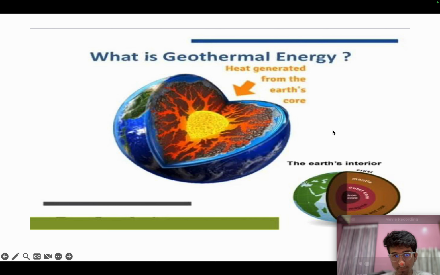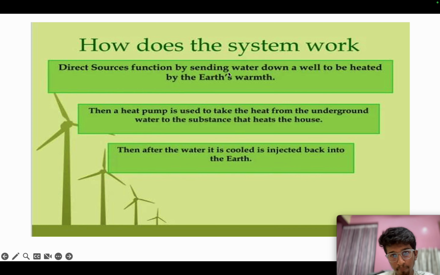Like we discussed in the previous picture, as we move from the earth's crust to the mantle, the heat gradually increases till the core. So by sending the water down the well, it reaches the top layers near the mantle, where the temperature is very high. Due to that high temperature of the earth, the water gets heated up.